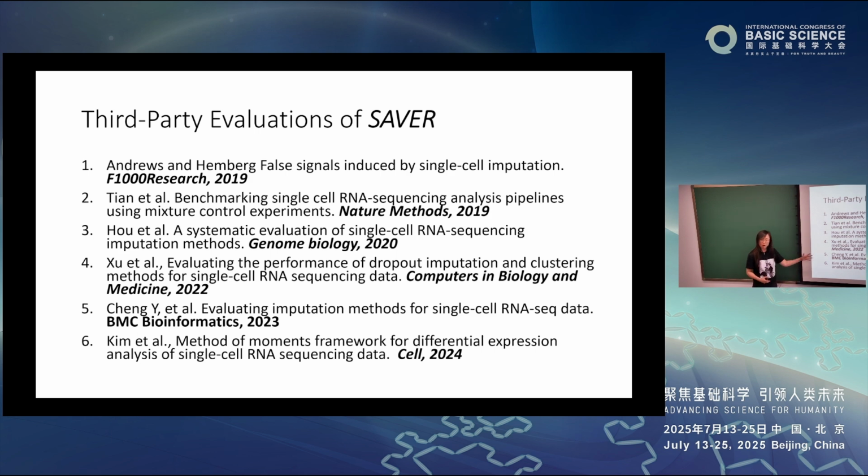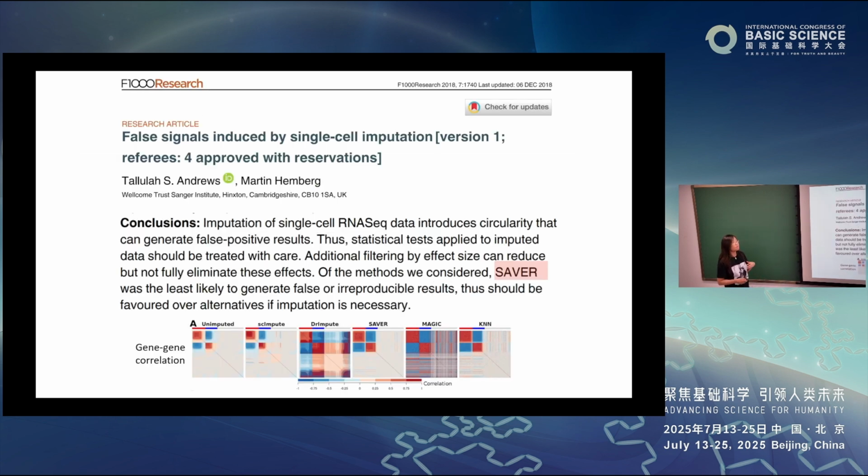There are a lot of third-party benchmarks which you can rely on, but I will just show you one, which is the first one here. They made the point that this kind of denoising, sometimes called imputation for single cell data because you lose a lot of genes due to the sparse sampling, is kind of dangerous.